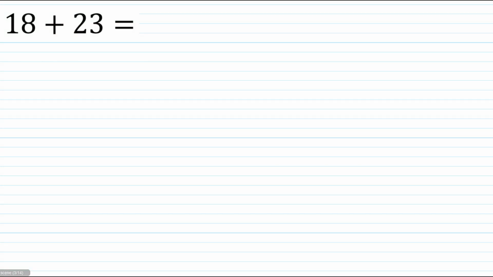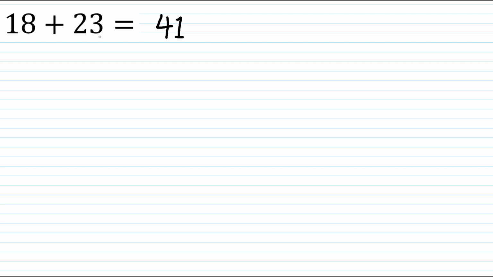So, we have here 18 plus 23. So, it's like we're performing basic addition. So, 18 plus 23, in basic addition, we're going to get 41. Okay? But applying the rules in addition, since both of them are positive, we have positive 18 and positive 23, we just add the numbers, and since the sign is positive here, we should prefix a positive sign.